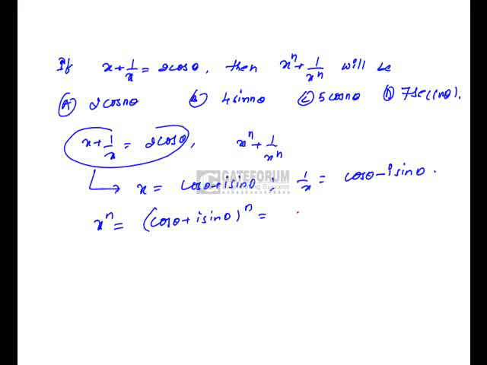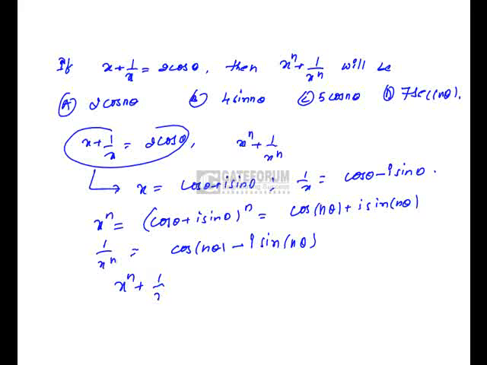By De Moivre's formula, we can write this as cos of n theta plus i times sin of n theta. Similarly, 1 by x power n will be cos of n theta minus i times sin of n theta. Now if we add x power n plus 1 by x power n, it will be 2 times cos n theta, which is nothing but option E.